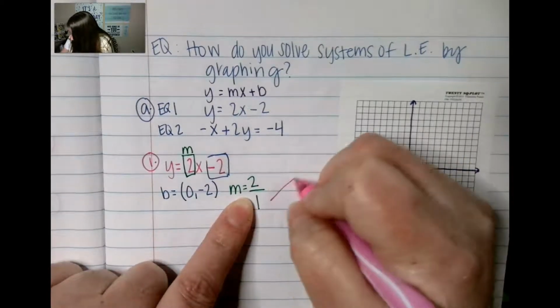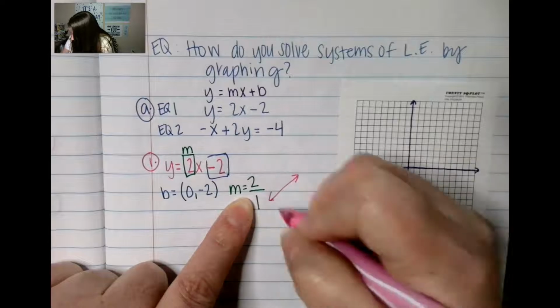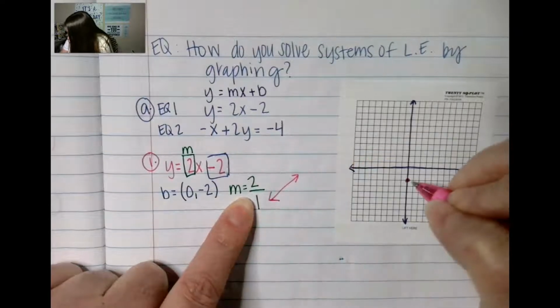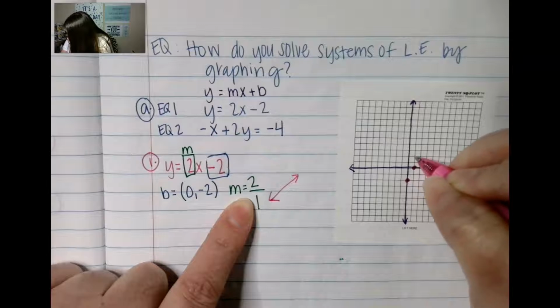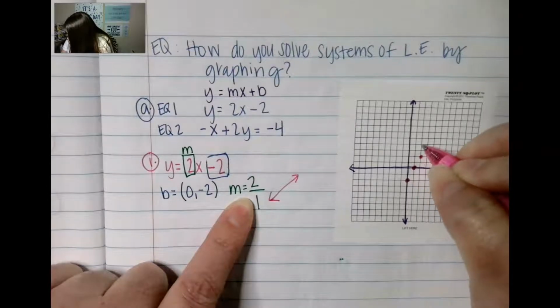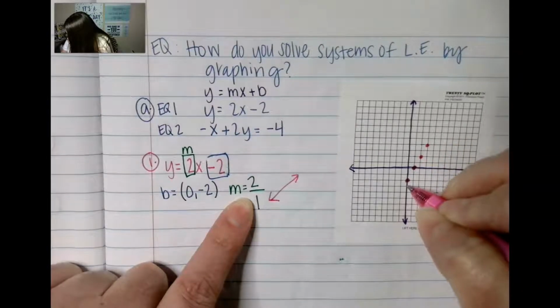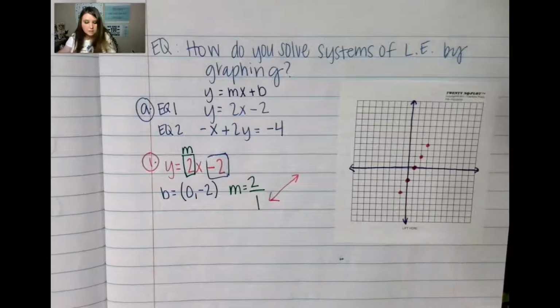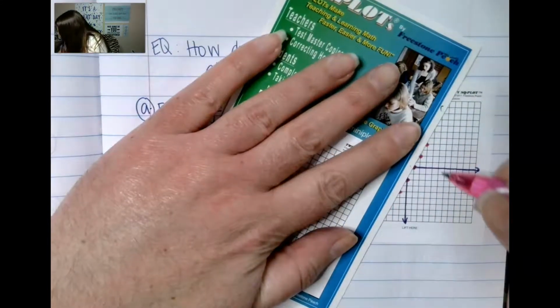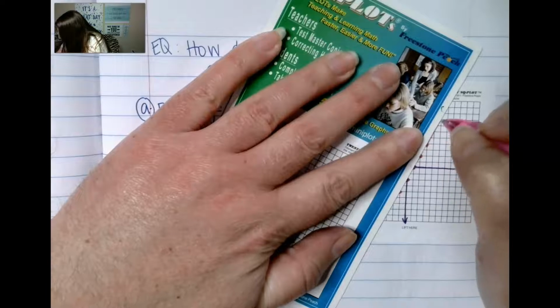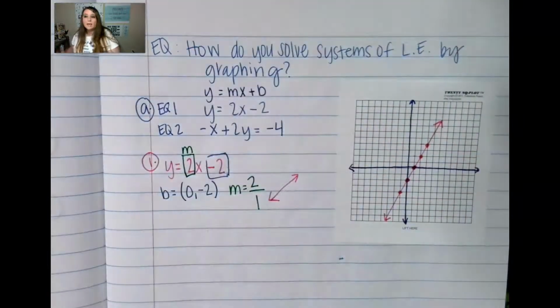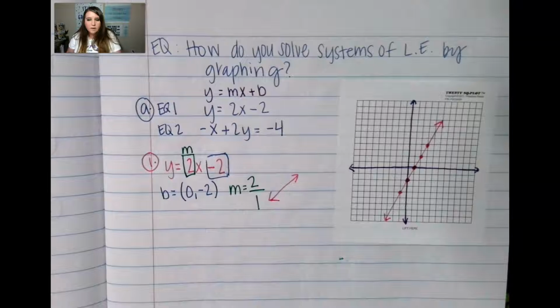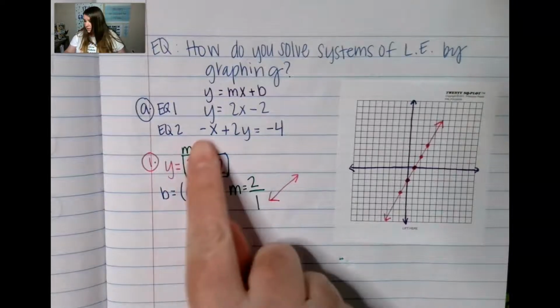And this is positive, so I'm making a positive line going up. So up 2 over 1, up 2 over 1, up 2 over 1. And I now have a line that I can draw by connecting these points.